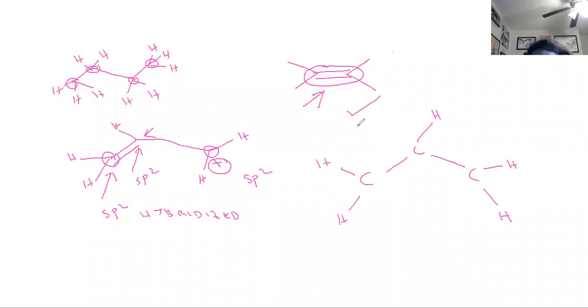Since they're sp2 hybridized, we know it's going to have a p orbital. A p orbital is dumbbell shaped. This one as well is going to have a p orbital. This one here is going to have a p orbital that is empty.